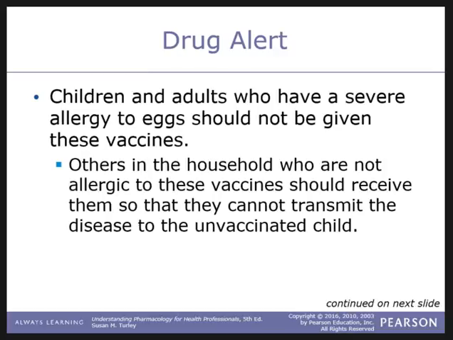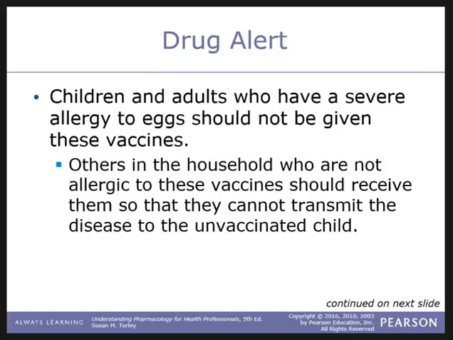Now, it's important if someone is not able to be vaccinated, whether from sensitivity or because they are immunocompromised, that everyone else in the household, or other people they will be around, is vaccinated, because that gives a secondary protection for that child that can't be vaccinated.